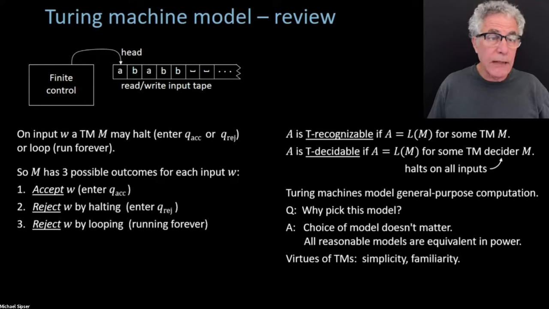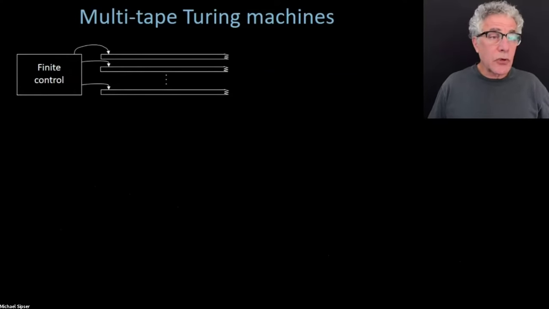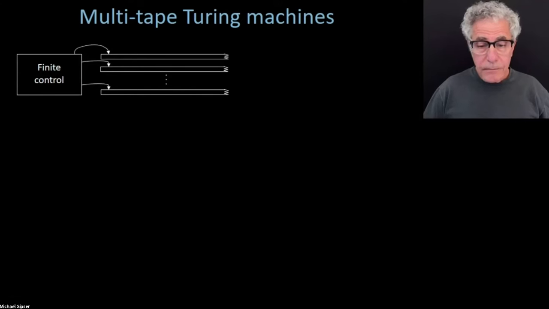Turing machines feel like a primitive kind of computer, and in that sense, they have a certain familiarity. Okay, so let's start talking about variations on the Turing machine model, and we're going to argue that it doesn't make any difference. And this is going to be kind of a precursor to a discussion of a bit of the history of the subject that we're going to get to in the second half of the lecture.